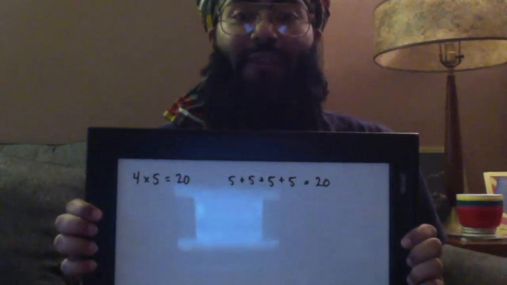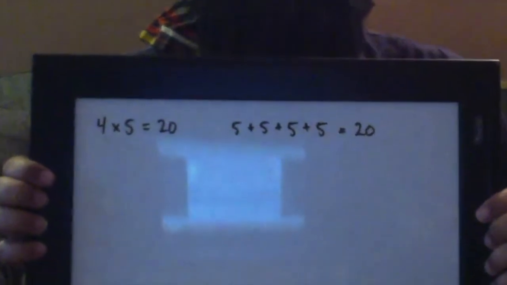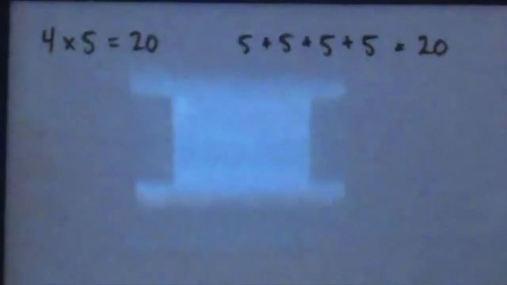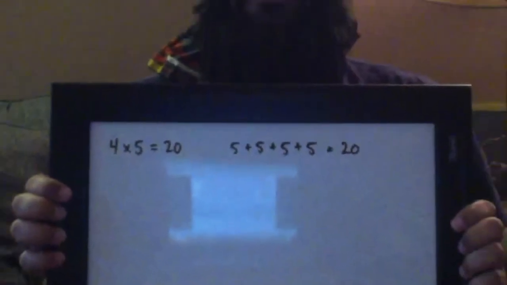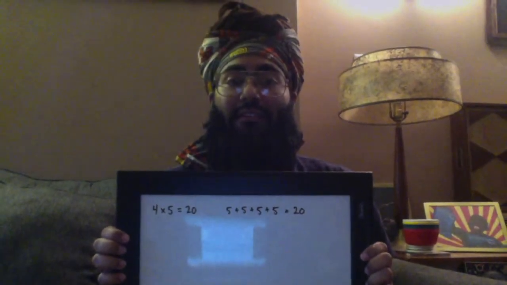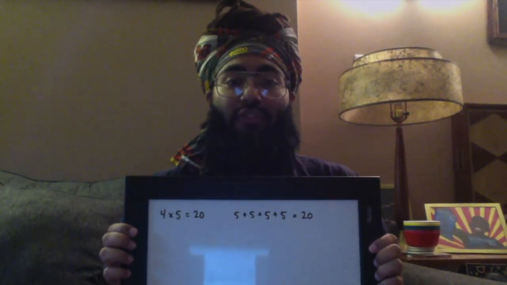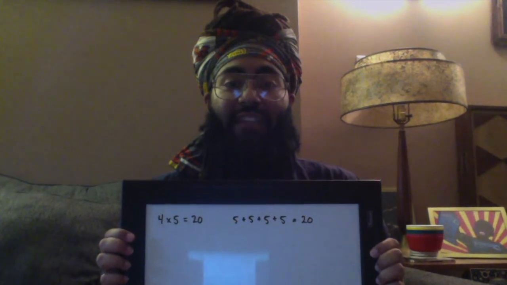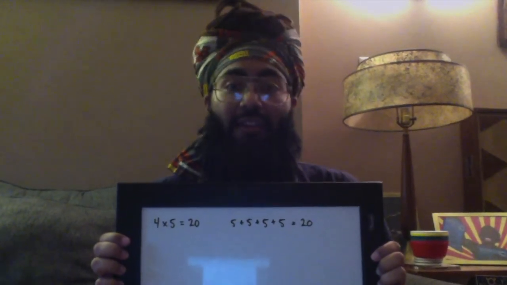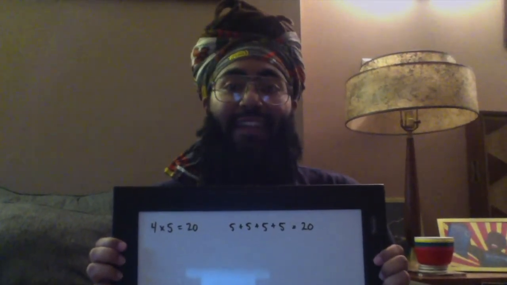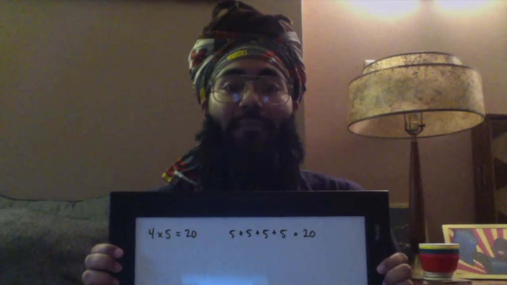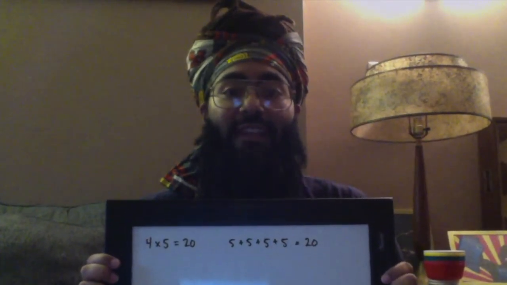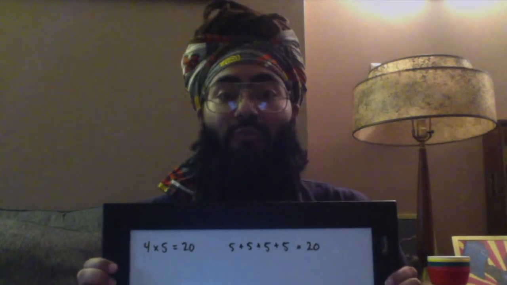Try to describe how these two number sentences are related. I'll give you a second to think about it. Right. They both show the same quantity of objects in each group, which is 5. But the addition sentence adds that quantity in each group, and the multiplication sentence multiplies the number of groups by that quantity.